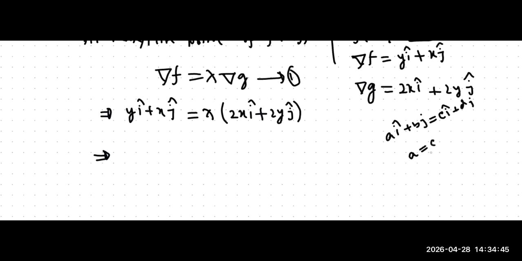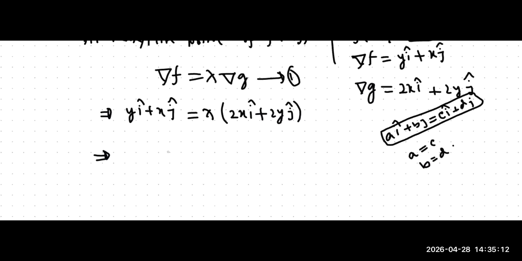Component of b, that means component of j in the left hand side, must be equal to component of j in the right hand side. And under this condition, we can write two vectors are equal. So the condition of equality of two vectors is basically individual components must be equal. Individual component in the direction of x, y, z must be equal. In that case, we can write two vectors are equal.